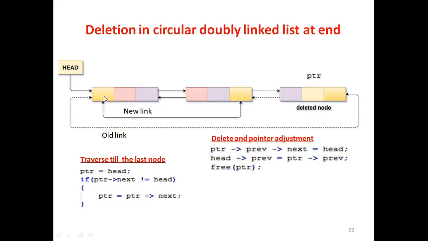Head arrow previous means this field equals ptr arrow previous, this node's address. That is done here. Is that clear? Here it should be while, instead of if, here it will be while.